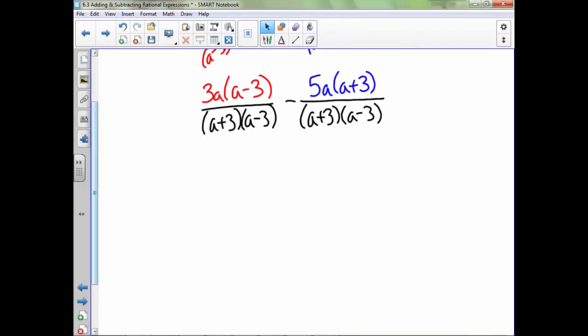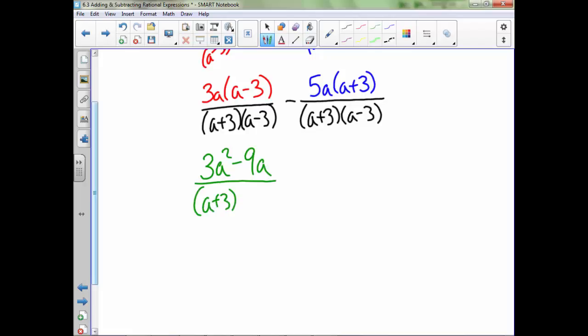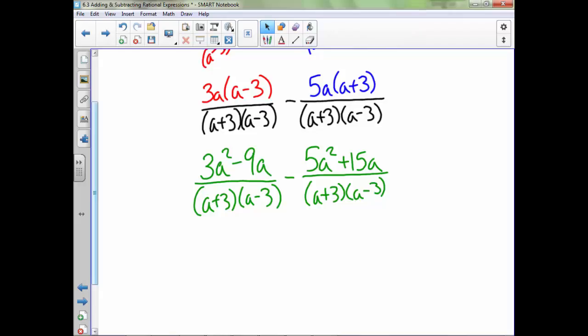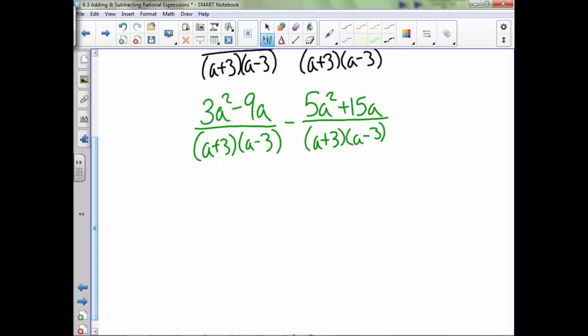And so let's start by distributing. So we get 3a squared minus 9a over a plus 3 times a minus 3. And then in our numerator here, we'll have 5a squared plus 15a. And once again, over a plus 3, a minus 3. Now let's combine our like terms.